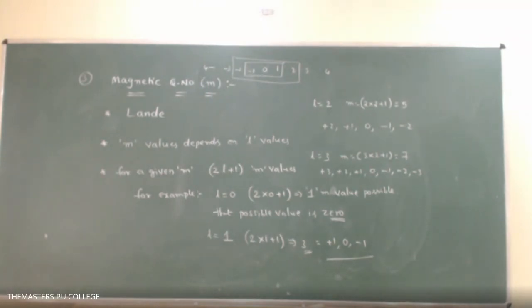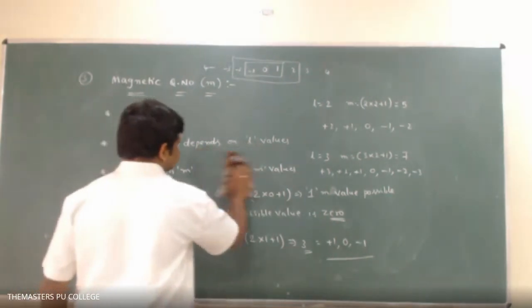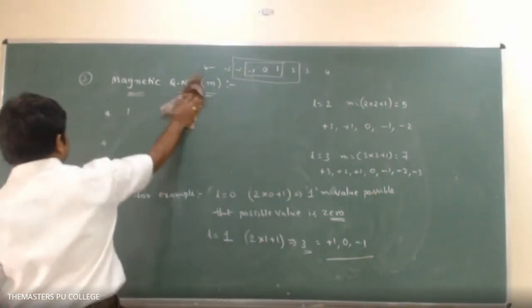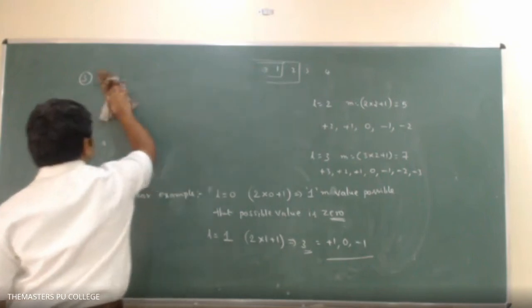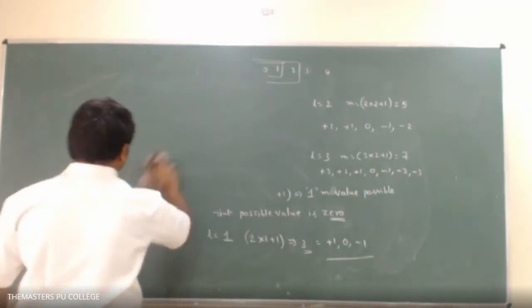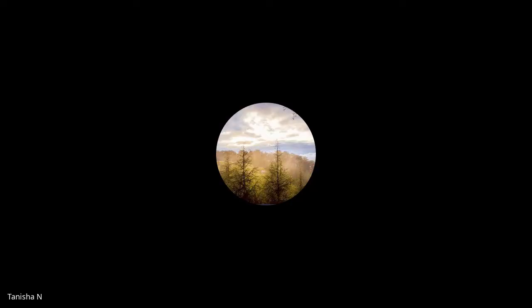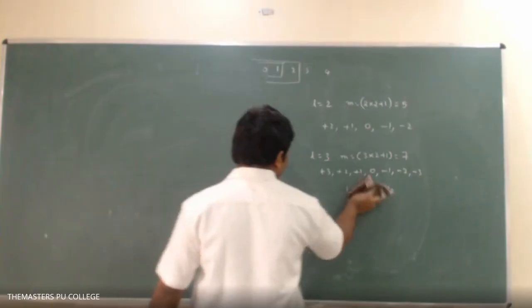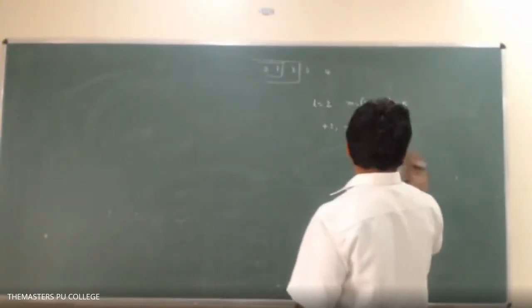Spin quantum number. Does the magnetic quantum number show any magnetic property? Magnetic quantum number is related to magnetic property only.